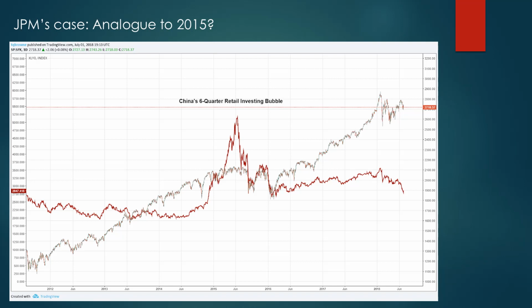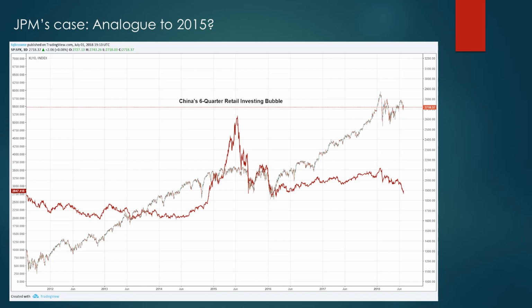And what happened is that retail traders were in positions and levered, and the influx of capital and the influx of leverage created what I would call about a 6-quarter bubble. And in 2015, the bubble popped. So here you can see the outcome of this downturn in Chinese equities. And there's a comparison here between the Shanghai Composite and the S&P 500.